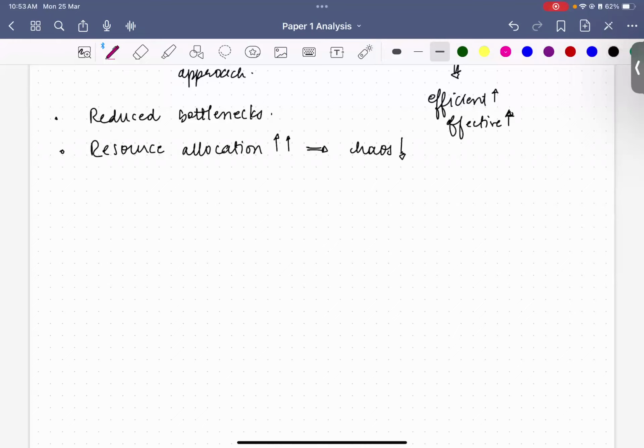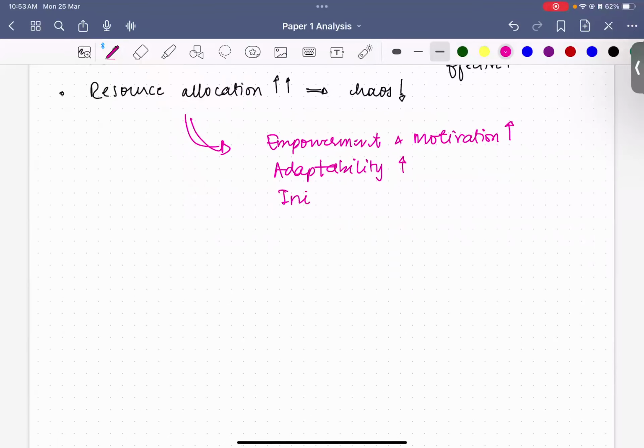Okay. And what will be the result of this? First, there will be empowerment among people. Empowerment and motivation will increase. Adaptability will increase. People will be motivated to initiate. Initiations will increase. Innovations will increase. Okay.